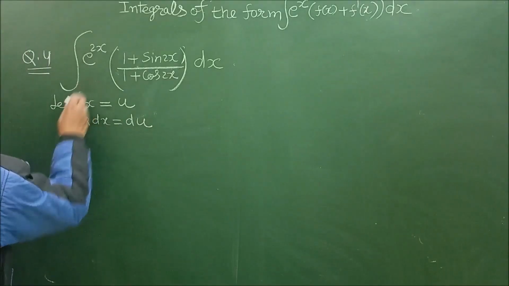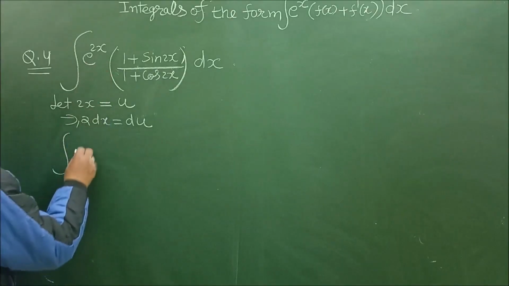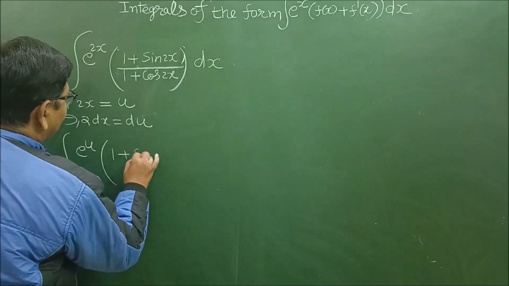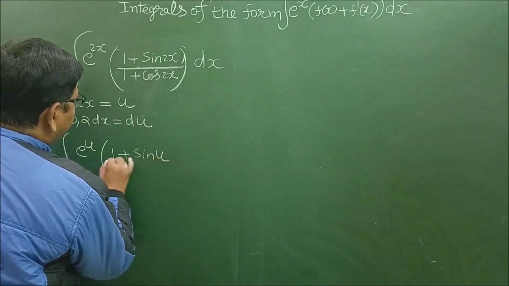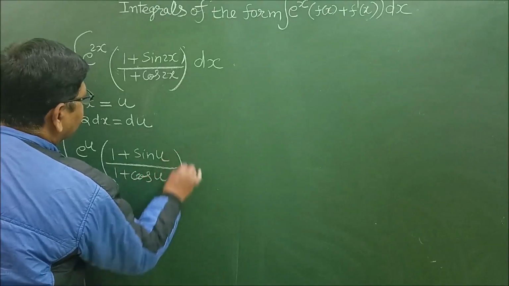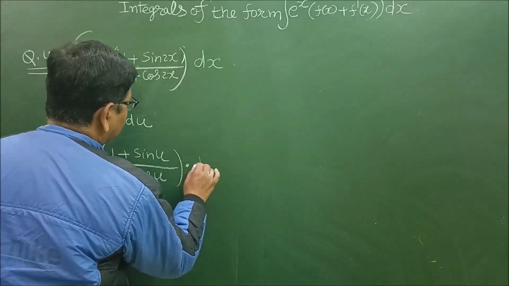Or this integral reduces to, if 2x is u, then e raised to the power u (1 plus sin u) upon (1 plus cos u), and dx is equal to half du.